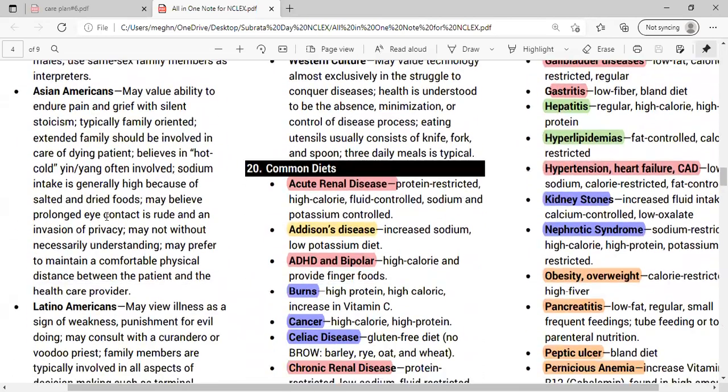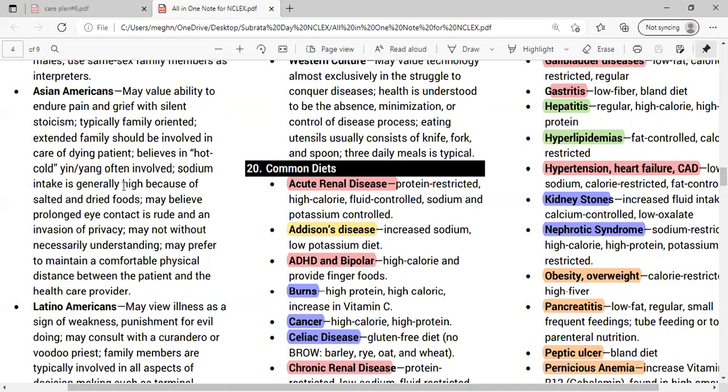In case of Asian Americans, they may value the ability to endure pain and grieve with silence. Also stoicism, and typically family-oriented. Extended family should be involved in care of dying patients. They may believe in hot and cold, yin and yang.